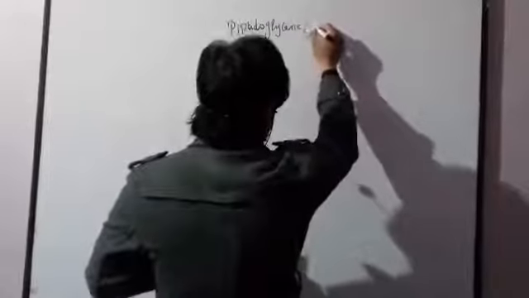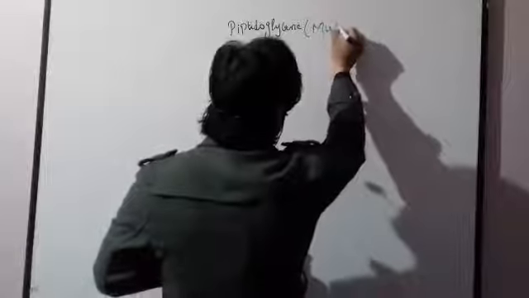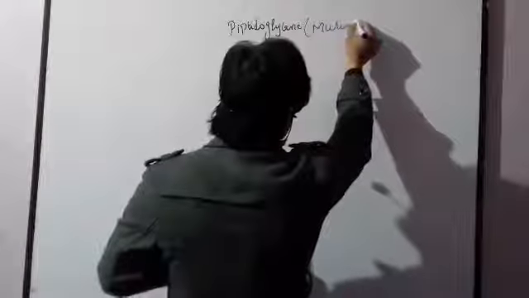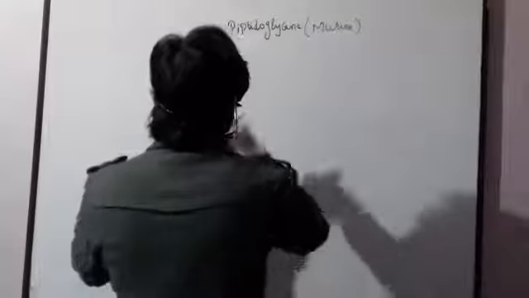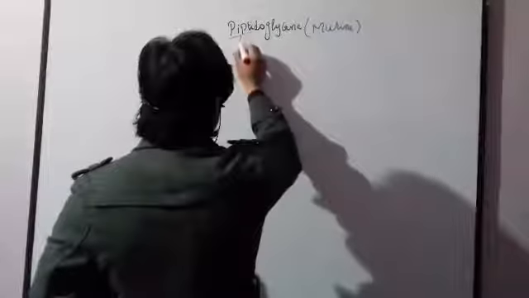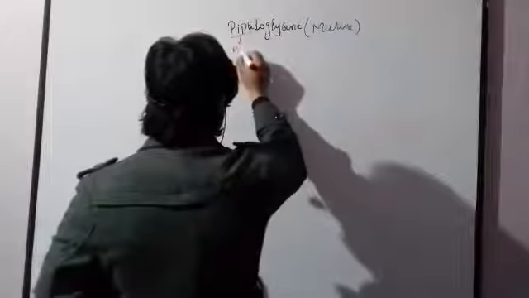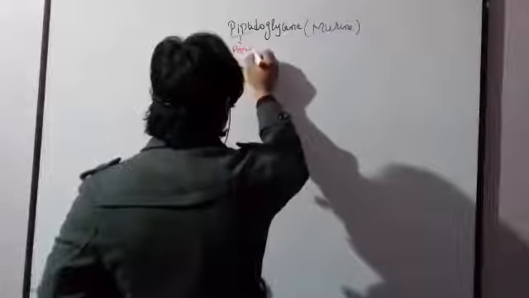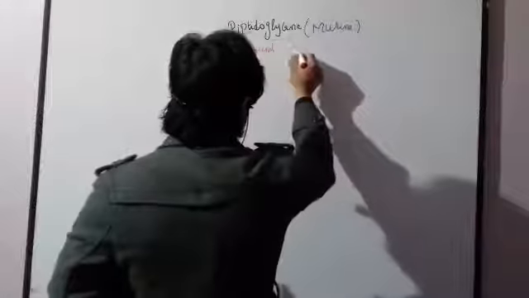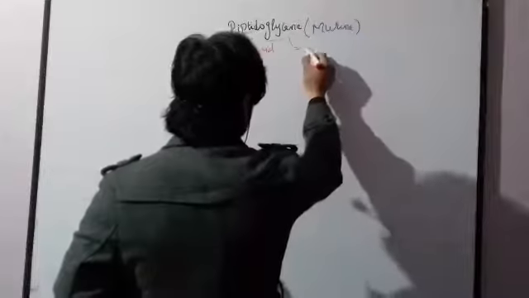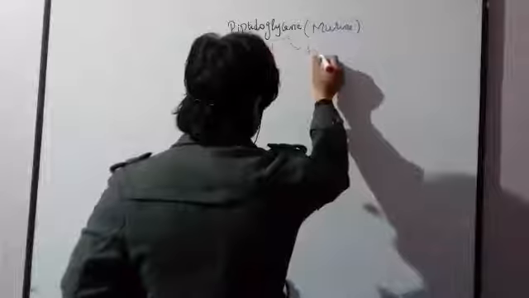We also call that murein. So this is actually the cell wall. And if you see, this peptido means amino acid, and this glycan means glucose or sugar molecules.